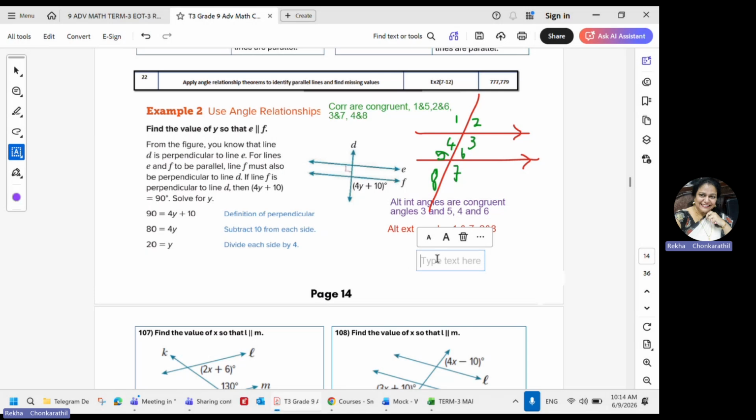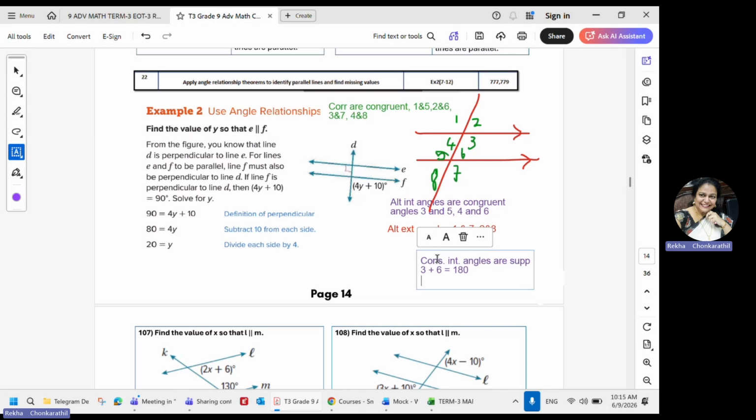Next we have consecutive interior angles. They are not congruent, they are supplementary. These angles are not equal, but when you add them, you get 180. So, angle 3 plus 6 equals 180.